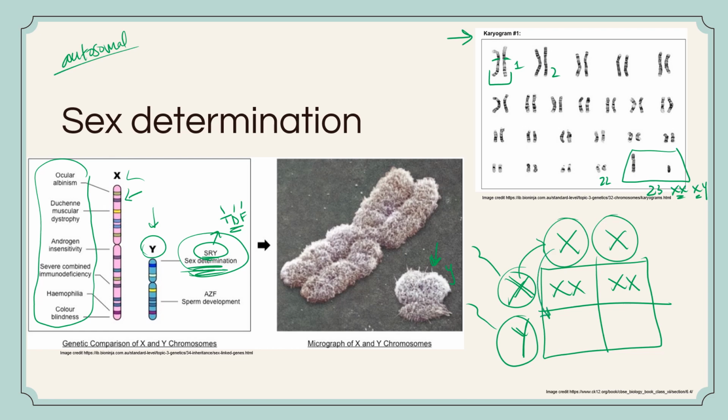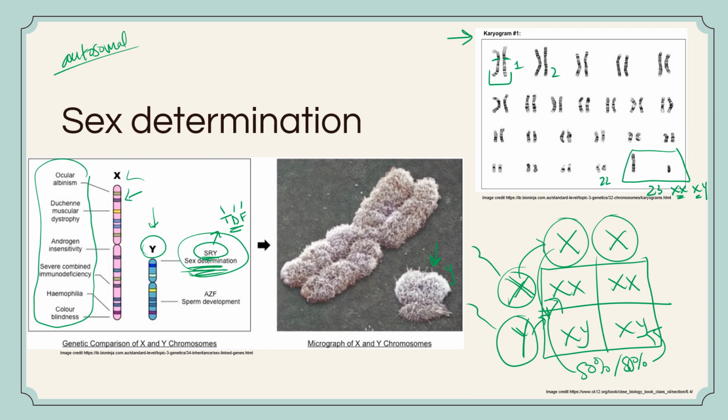Here, this X egg, this Y sperm, that child will develop testicles, and again here, testicles. And so there's a 50-50 chance of either having XX or having XY. We should have about half female children and about half male children, about half people born with ovaries, about half people born with testicles.